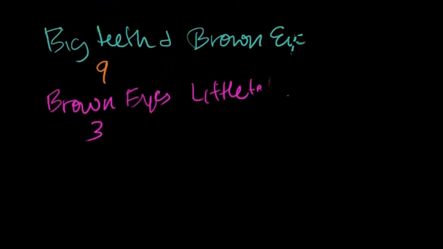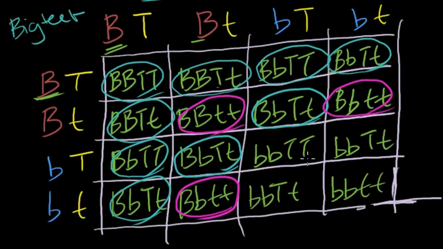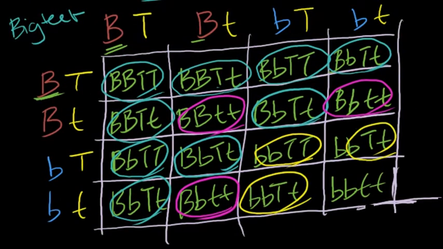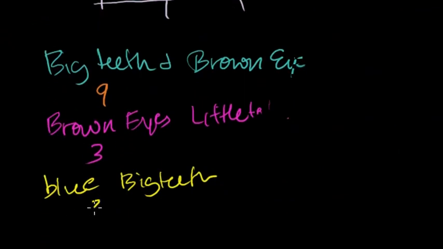And if I were to say blue eyes and big teeth, what are the combinations there? Well, this is blue eyes and big teeth, blue eyes and big teeth, blue eyes and big teeth. So there's 3 combinations there.